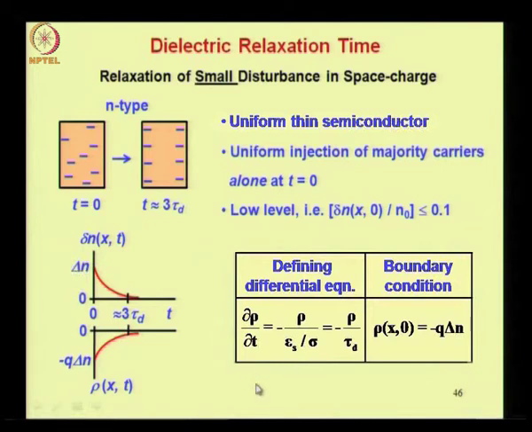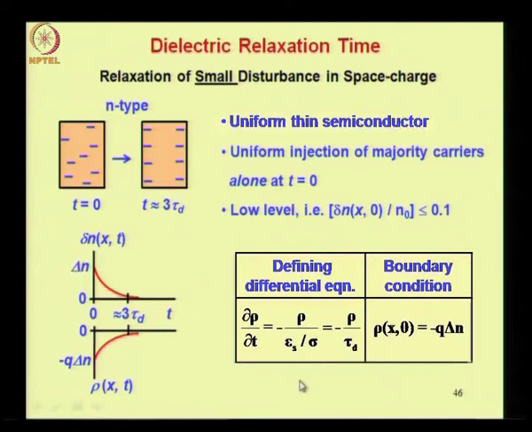So we will have to show this. The boundary conditions in this case are the space charge for all x is the same because it is uniform condition, at t equal to 0 it is equal to minus q times the excess electron concentration that is injected.